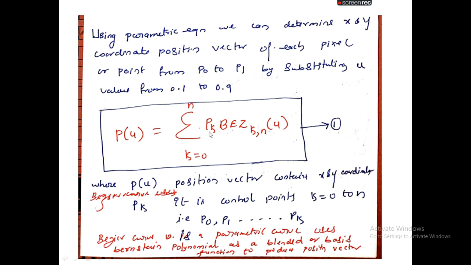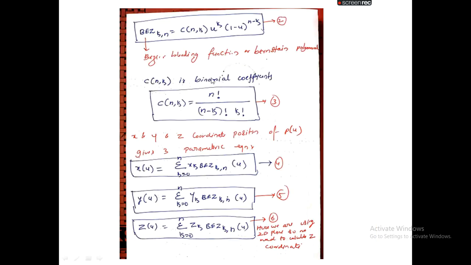We have n control points, and B represents the blended function or basis function. This blended function internally uses the binomial coefficient formula, which I wrote: n C k equals n factorial divided by (n minus k) factorial into k factorial. After expanding the Bezier function, next we substituted the x-axis, y-axis, and z-axis coordinate positions in equation number 1 to calculate every pixel coordinate position with respect to x, y, and z.